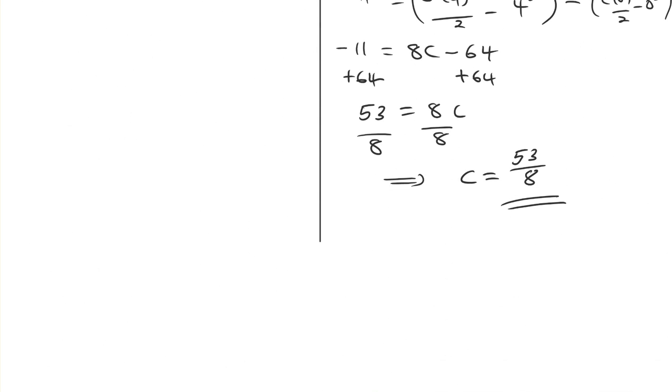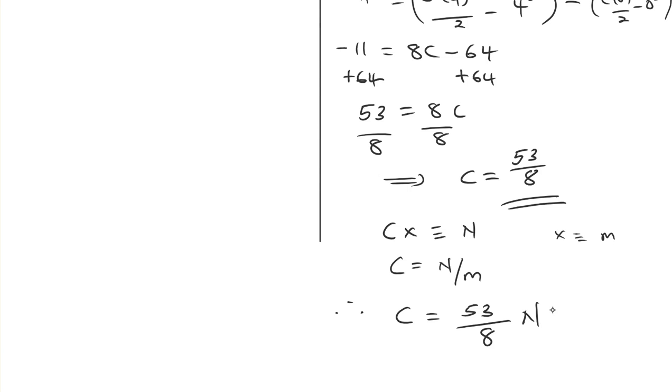So if cx has a unit of Newton and x has a unit of meters, that implies that c must have a unit of Newton per meter, so that the product of c and x will return you back to Newton. Therefore, c is 53 over 8 Newton per meter.